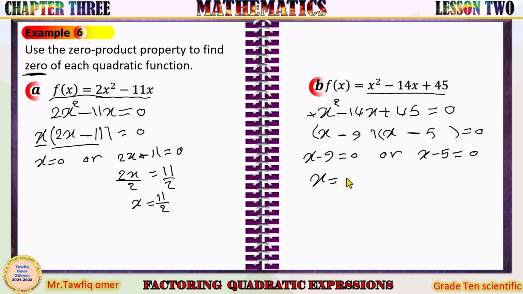Here x is equal to 9 and here x is equal to 5. That means this function has two roots, one of them 9 and the other one 5, and it has two zeros, x equal to 9 and x equal to 5, and it has two intercepts, one of them 9 and the other 5.